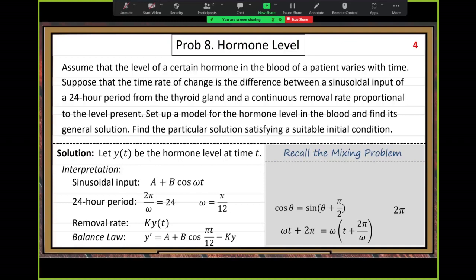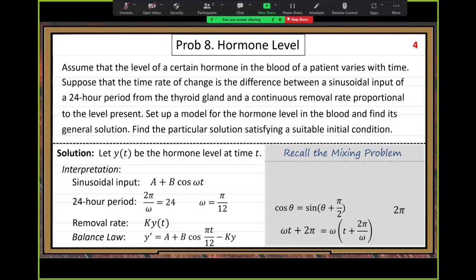Remember, we used the Balance law before, right? Actually, at several places. But one place, remember that tank, the mixture in the tank.